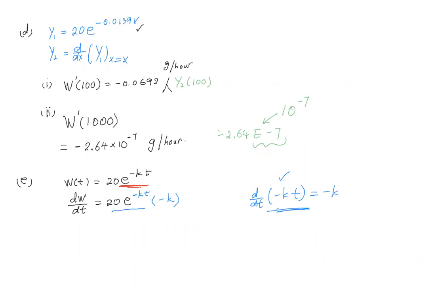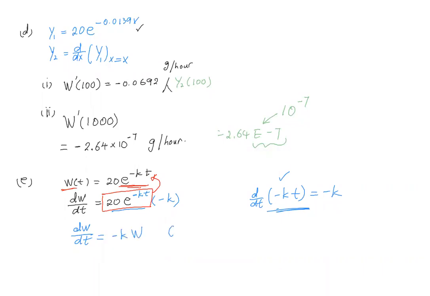Okay, so now if I rewrite this equation, if I compare, what is this? This is this, am I right? So that is W, am I right? Can I just write this as -k times W?